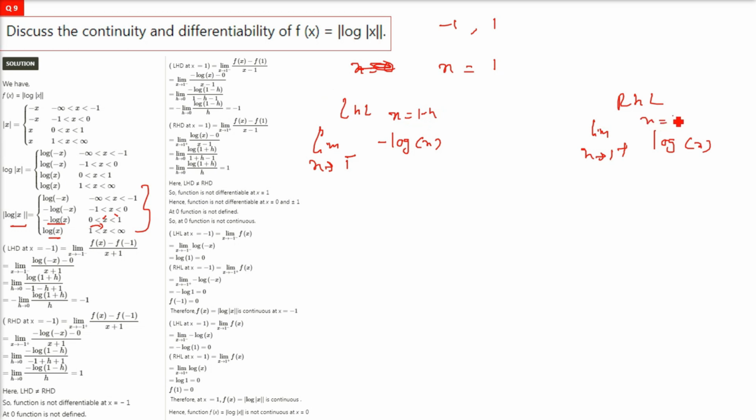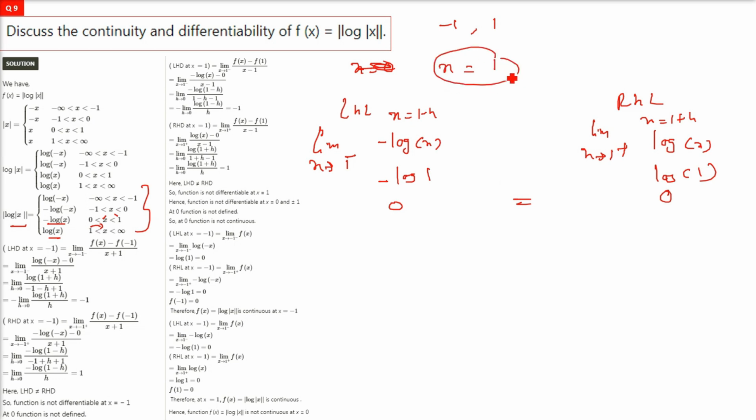We used to do 1 minus h, 1 plus h, that also you can do, but it will not be required here, because there will be no untoward value if you put x equals 1 anywhere. So minus log 1, here also log 1. Log 1 is 0, so minus 0 is 0, and log 1 here is also 0. So the left hand limit is equal to the right hand limit. So this function is continuous at x equals 1.